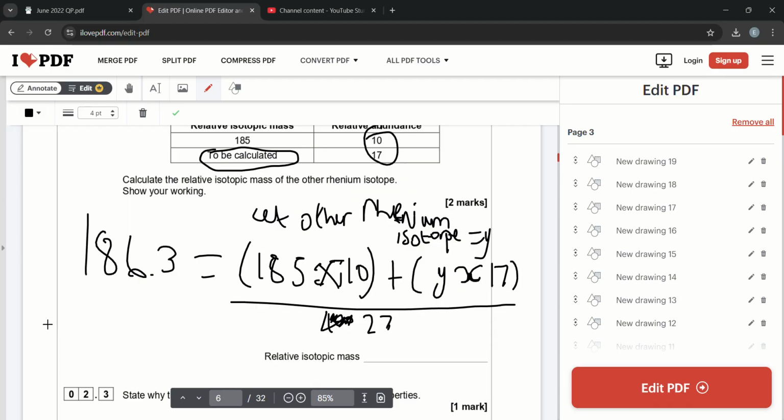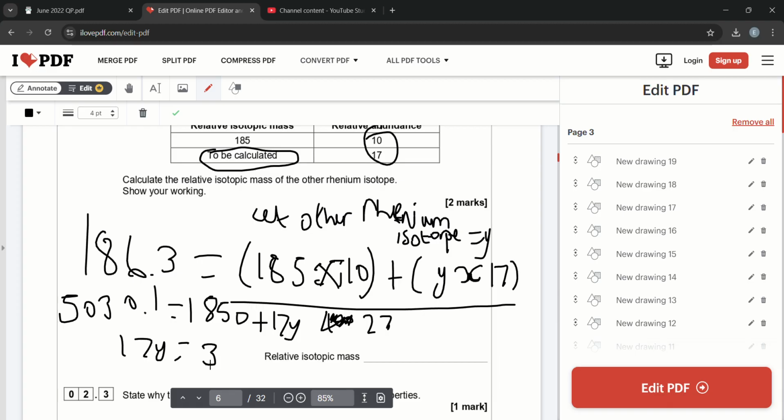Now rearrange it so we get 186.3 times 27, 5030.1, equals 185 times 10, 1850, plus 17y. 17y is equal to 5030.1 minus 1850, 3180.1.